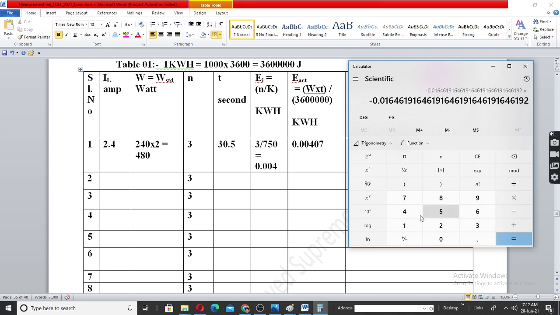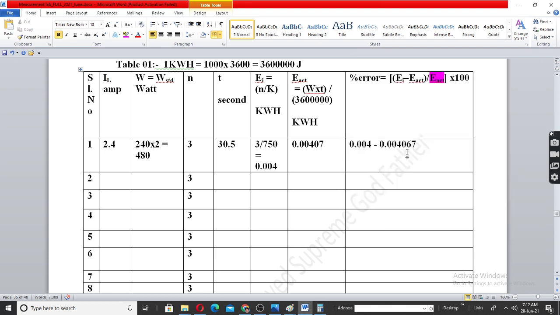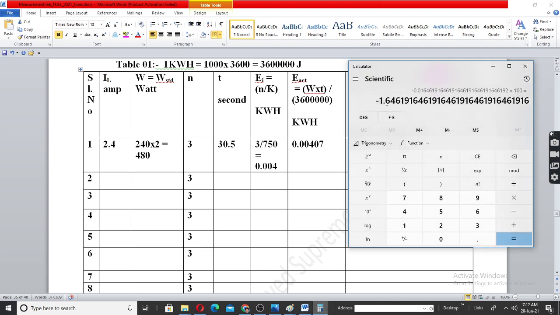Multiply by 100, you will get minus 1.6, so take two decimals: minus 1.65. Here the digit is 6, meaning the preceding 5 is incremented when rounding off.